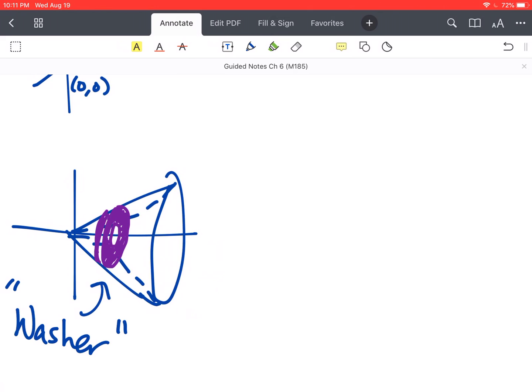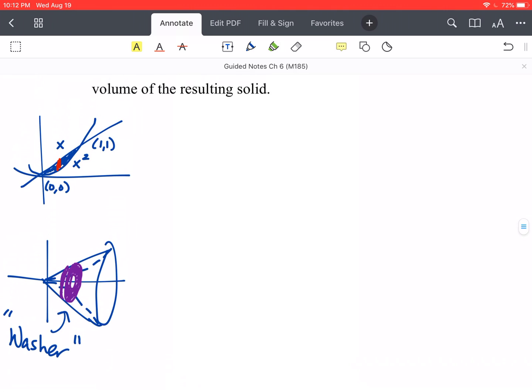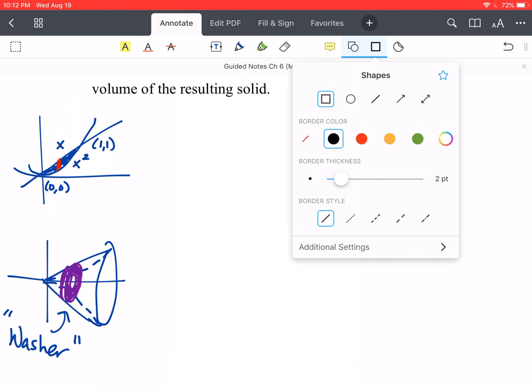You can tell I'm not a particularly handy person, but we're talking about a washer that you would see in a toolkit. So we're looking at a volume of a solid that is not completely there, right? There's a big circular hole in the middle.